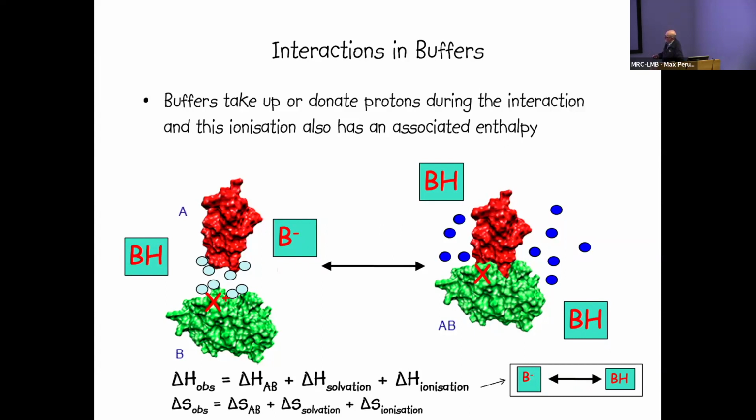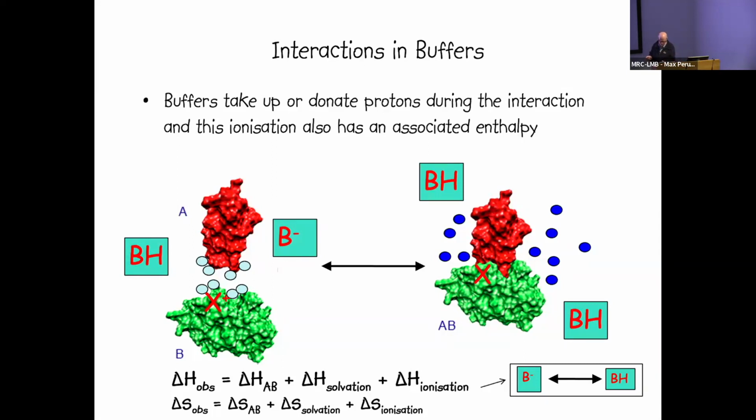And so the measured enthalpy is the product of many, many different contributions. This is why it's extremely difficult to make statements about what the numerical value of enthalpy means in an isolated situation.